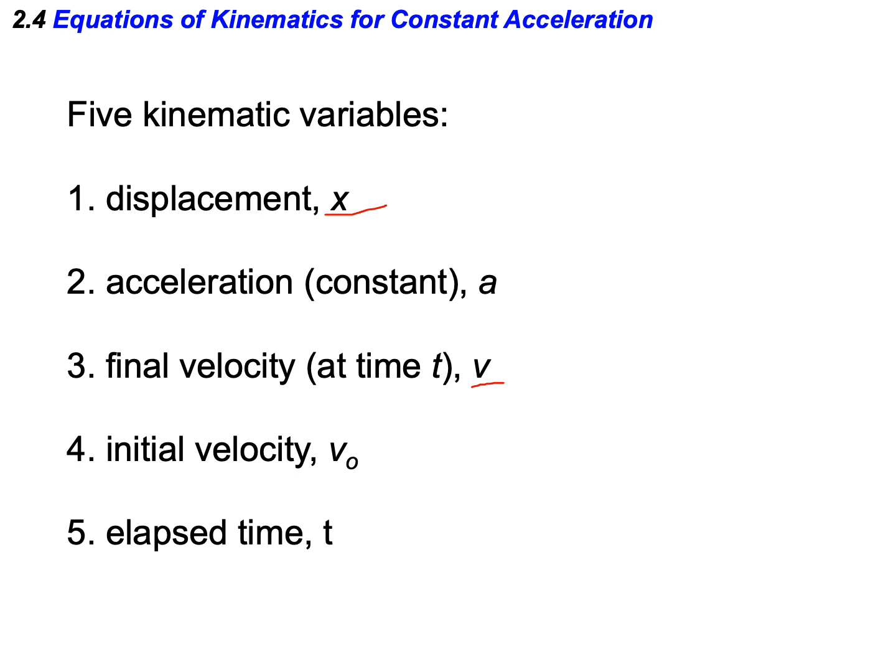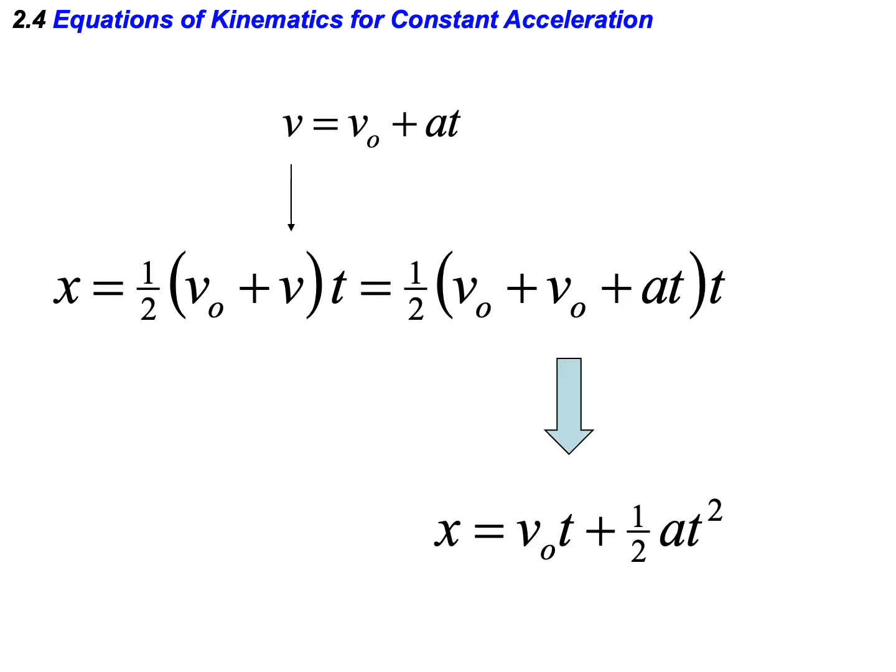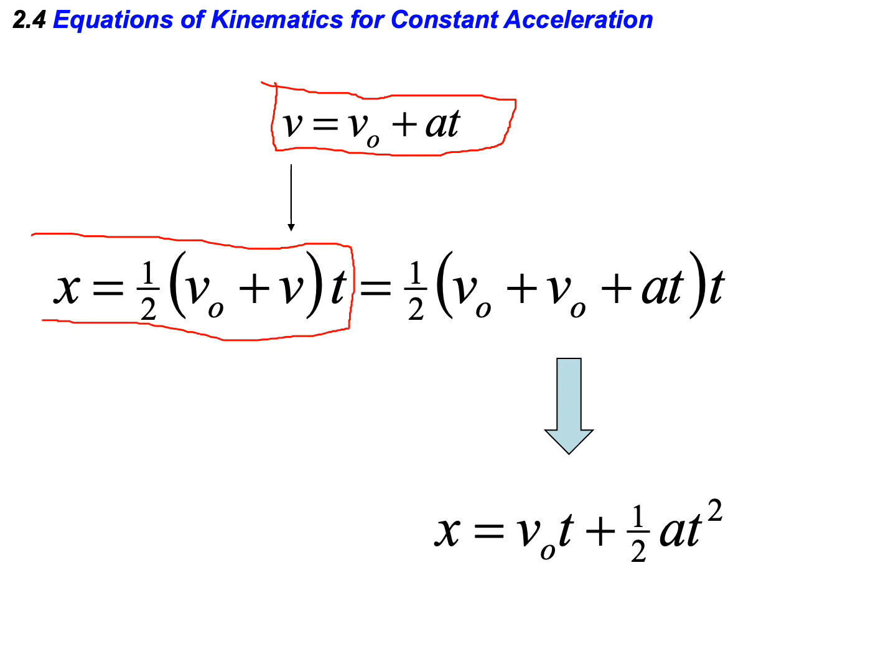So you have several equations combining these variables. In the previous two slides, we learned how to derive two equations. One for velocity, which is equal to v naught plus at, and then another equation for final position.